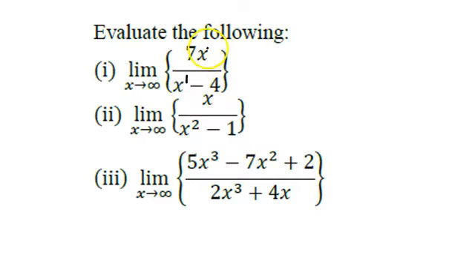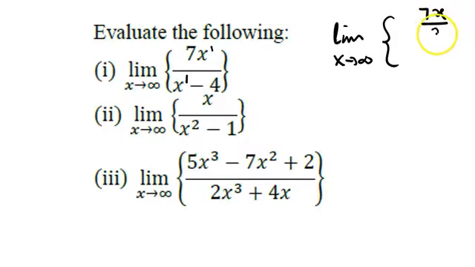This one is power 1. So we have the limit as x tends to infinity, then we are going to divide through by x. So at the numerator, we have 7x over x, over x minus 4 over x.